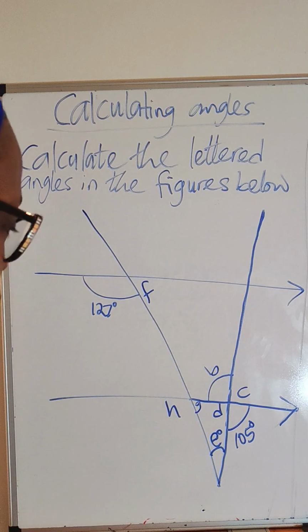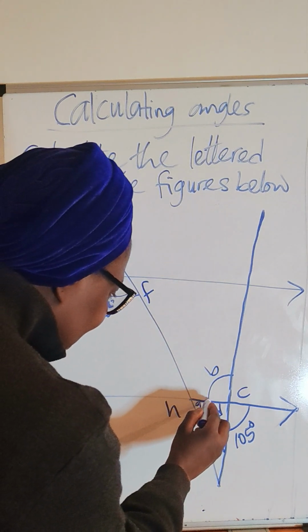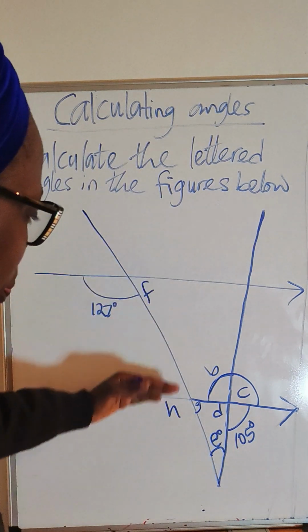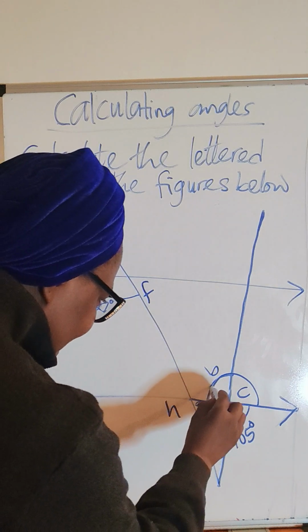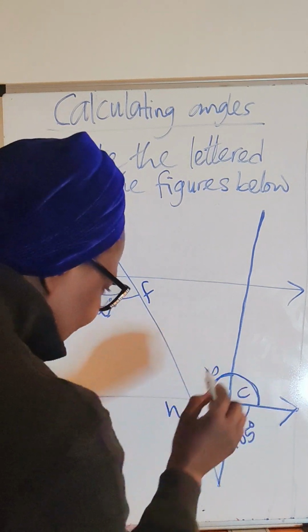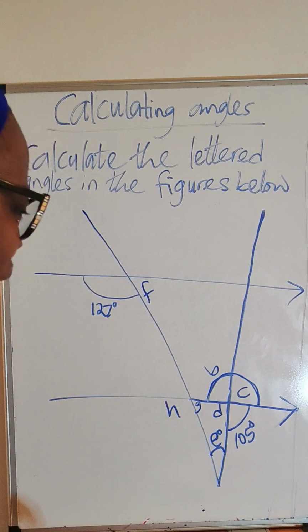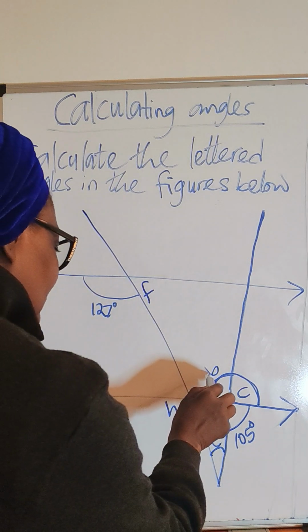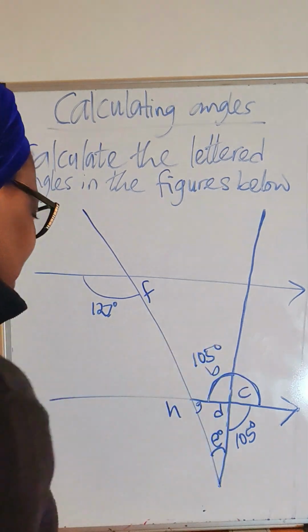B is done. We move on. I want us to look at this straight line. Mind you, in this figure we have 2 parallel lines. So if we look at this, we discover the 2 are angles on a straight line, and angles on a straight line amount to 180 degrees, and angle B is already 105 degrees.